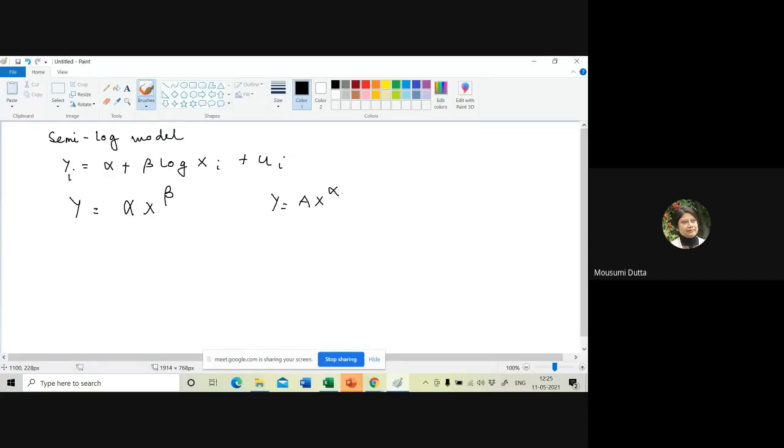Since ultimately we will move towards the regression format, instead of a I can use alpha, in the standard format, what we use in context of economics, we use alpha as the constant.